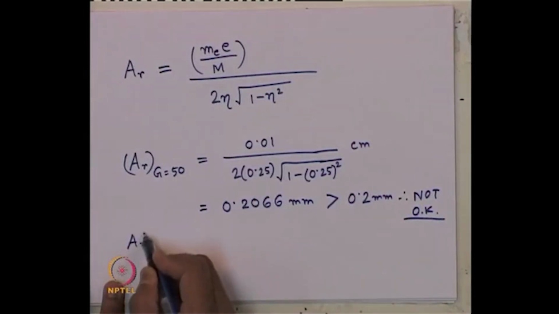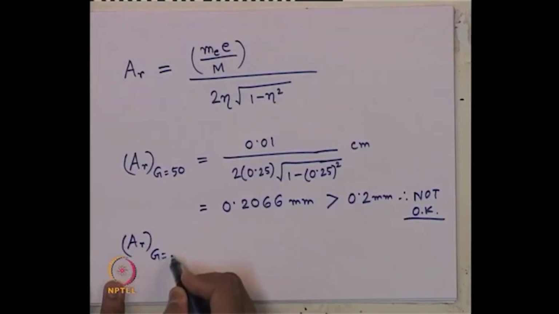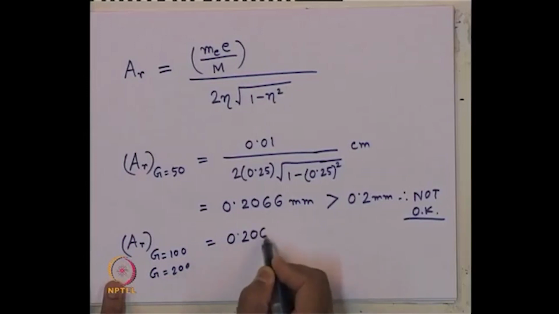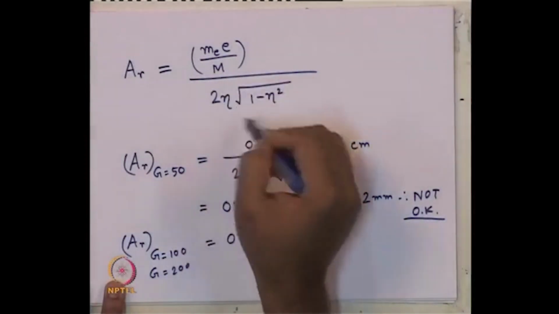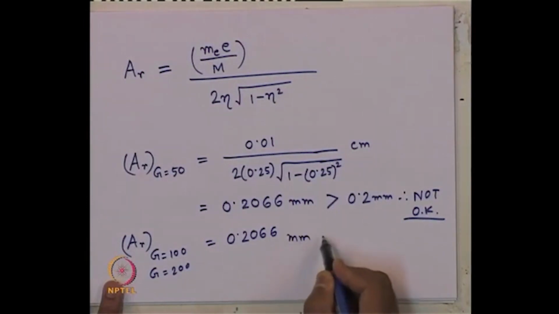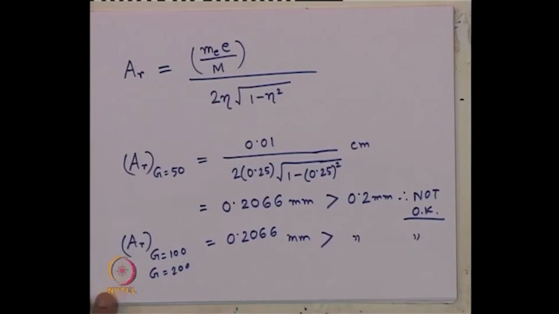And AR for other two values of G, that is G equals to 100 or G equals to 200, they remain same. Why? If you look this expression carefully, they are independent of G value. So, in that case also the same comment holds good. Okay.